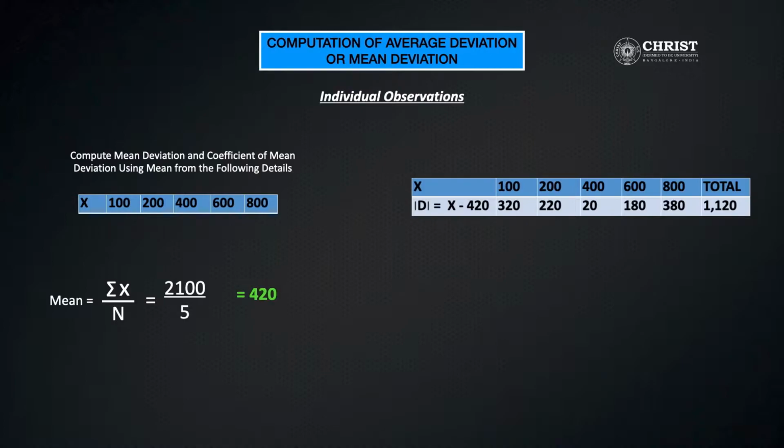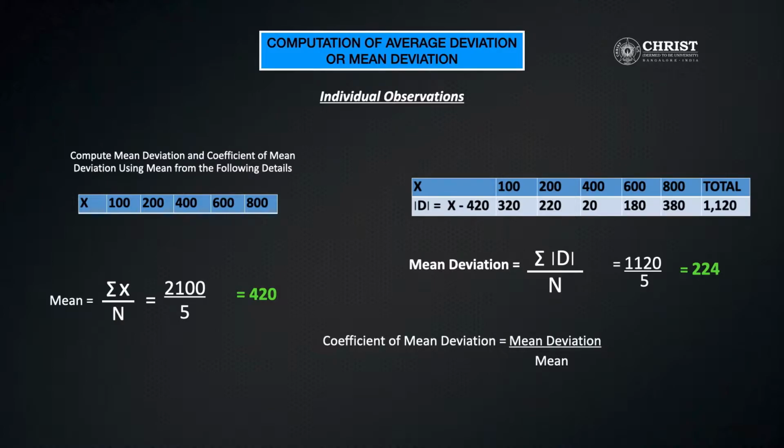Mean deviation is delta d divided by n. Delta d total is 1120 divided by 5, which is equal to 224. Now, the coefficient of mean deviation is mean deviation divided by mean, that is 224 divided by 420, which is 0.5333.